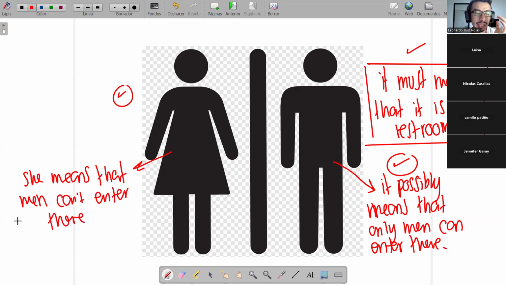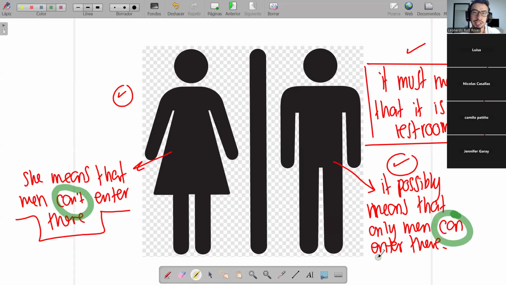And it's exactly the same sign. I am just trying to express it in different ways, depending on my intention, my emphasis. If I want to express the emphasis on the prohibition, well, I use it. Or if I want to express the emphasis on the permission or the information, well, I use it, right? So in that case, guys, one sign can be interpreted in many different ways, okay?